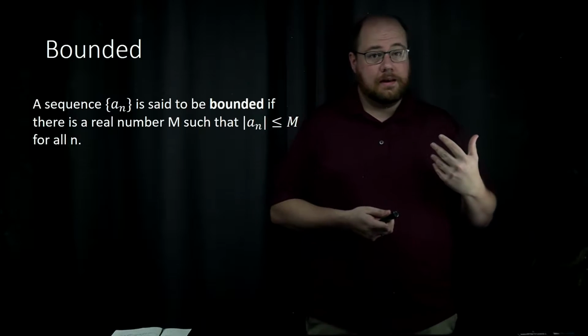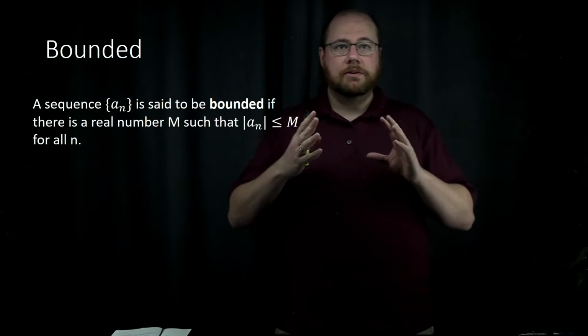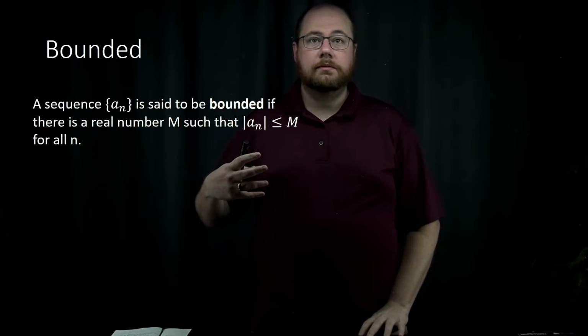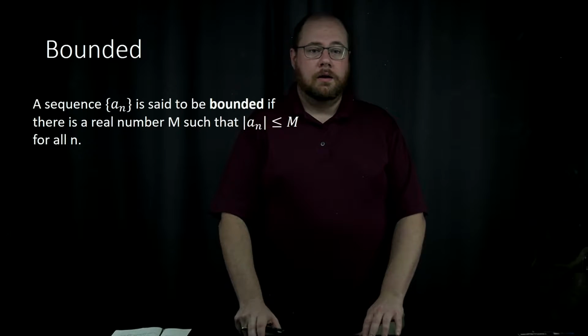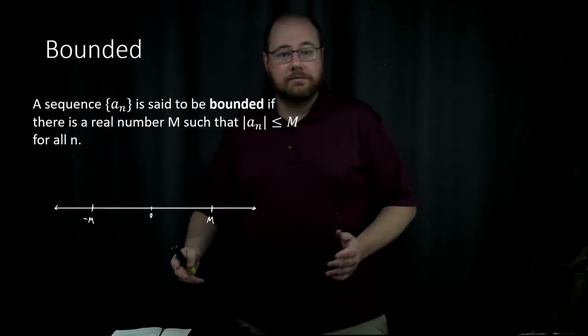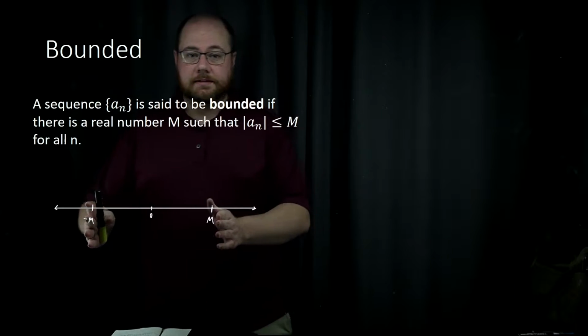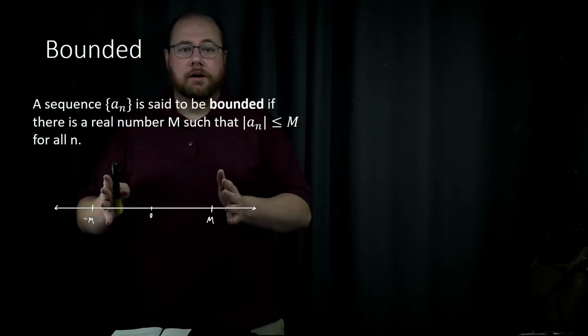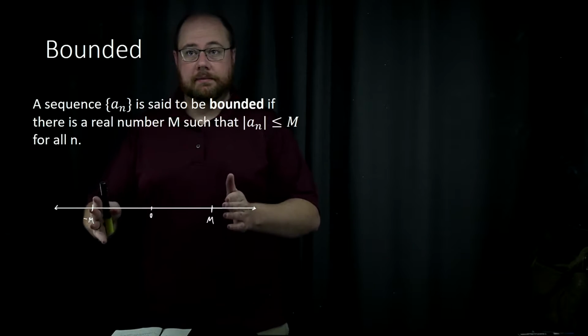So we saw that in our discussion of absolute value, that saying that the absolute value of a number is less than or equal to M is equivalent to saying that that number has to be in between negative M and positive M on the number line. So what this means is that in terms of our sequence, every element of this bounded sequence lies in between here on my number line.